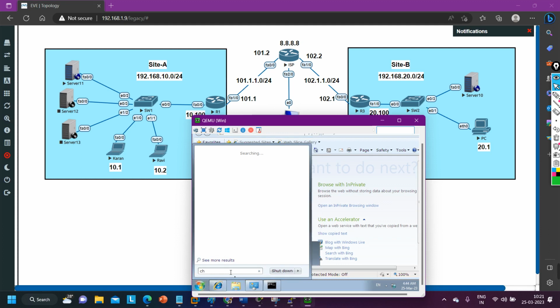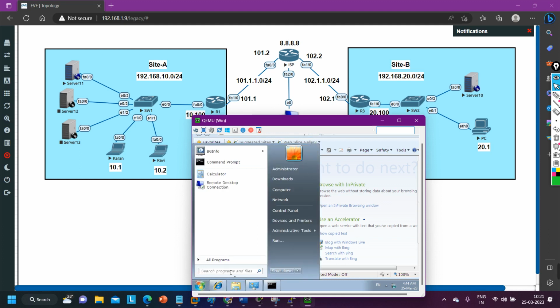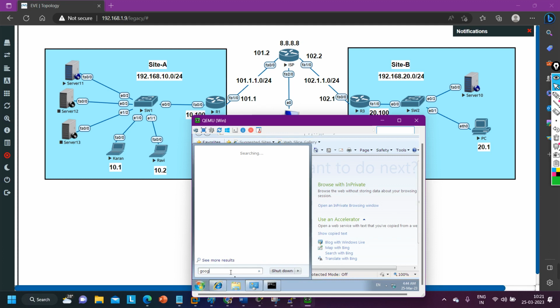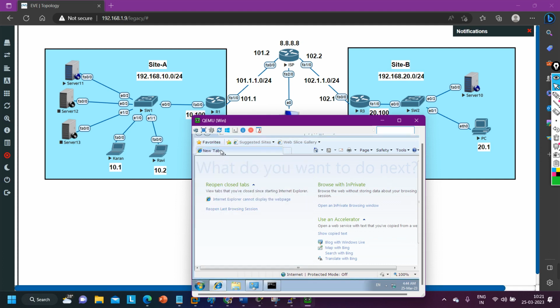Here I think Chrome is there or not. No, Chrome is not there. Google is also not there. So through this only I have to, my mouse is not working smoothly over here.